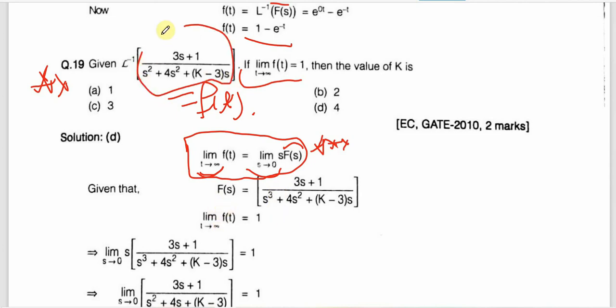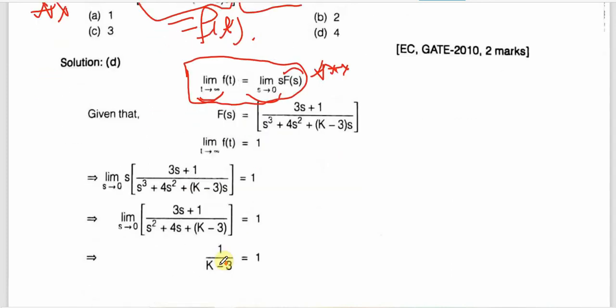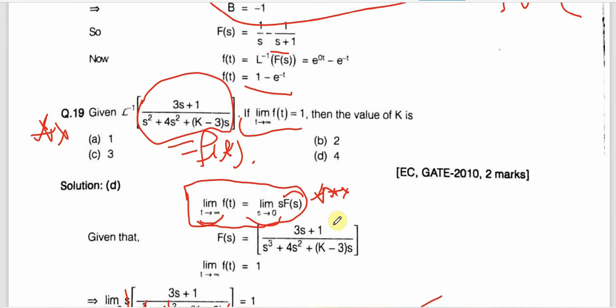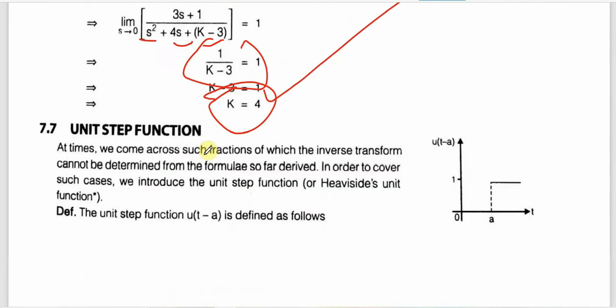If we take the limit, we multiply by s, and then the s will cancel from here, so it will be s square plus this, and if you want to compute its limit as s approaches 0, put s equal to 0, then you will get simply this, and k equals 4. Very easy but important question.